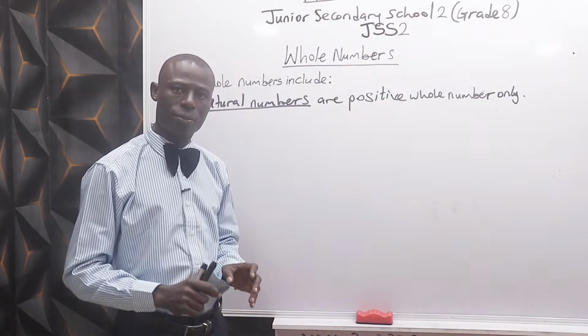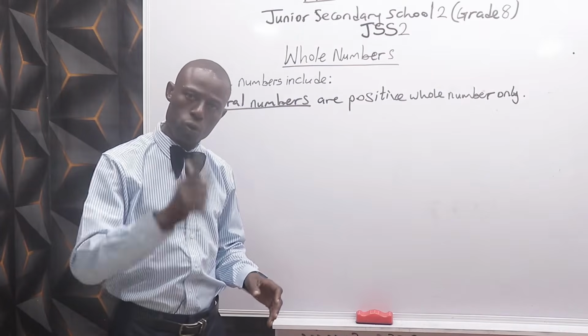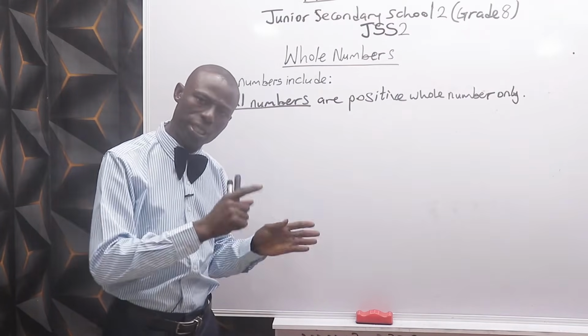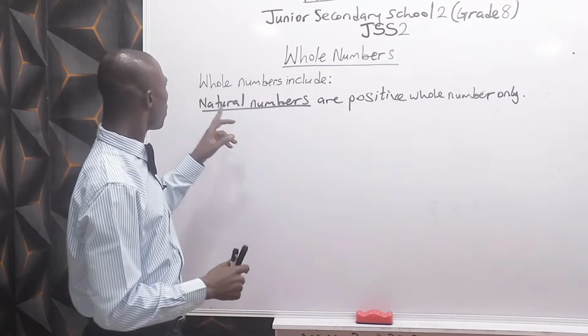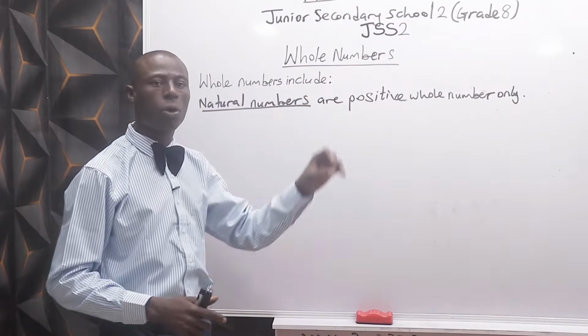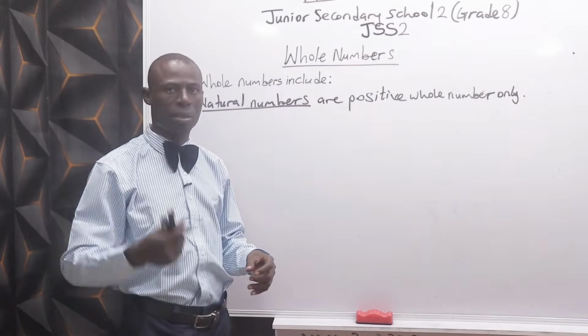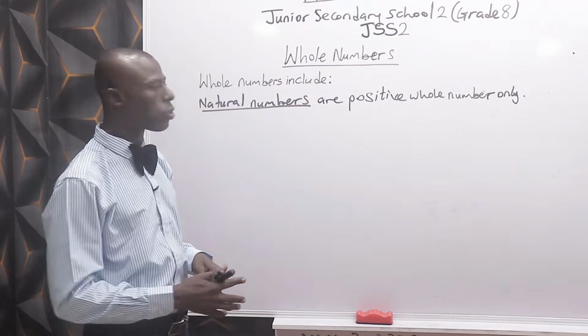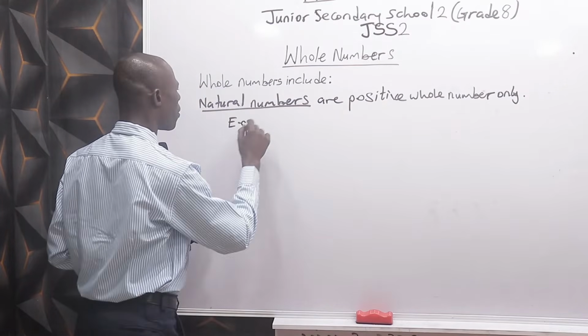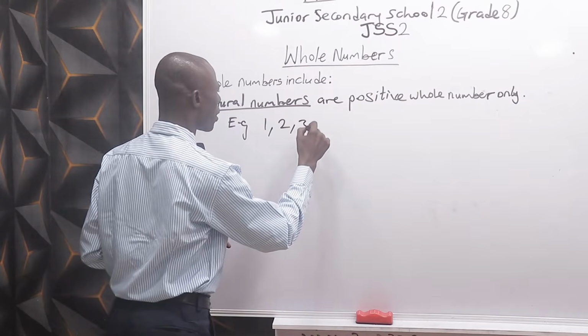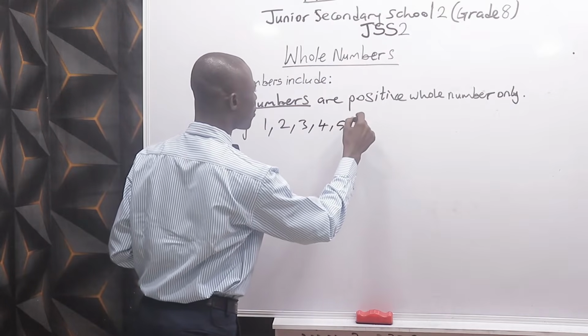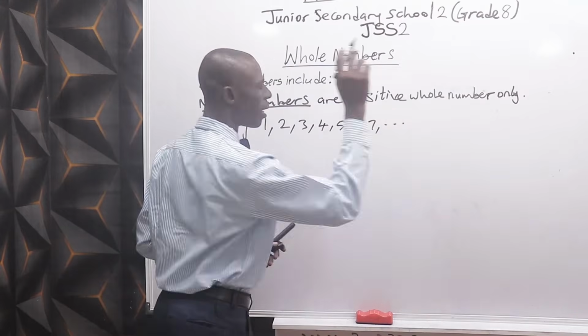But what we have there is 1, 2, 3. Only the positive whole numbers. So natural numbers are positive whole numbers. The counting numbers, we call them counting numbers. And they are 1, 2, 3, 4, 5, 6, 7, like that.